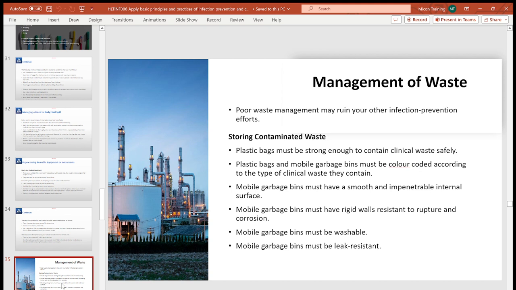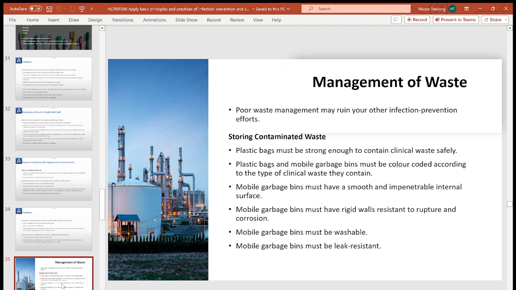The mobile garbage bin must have a smooth and impenetrable internal surface. It must have rigid walls resistant to rupture or any corrosion. It must also be washable and leak resistant.